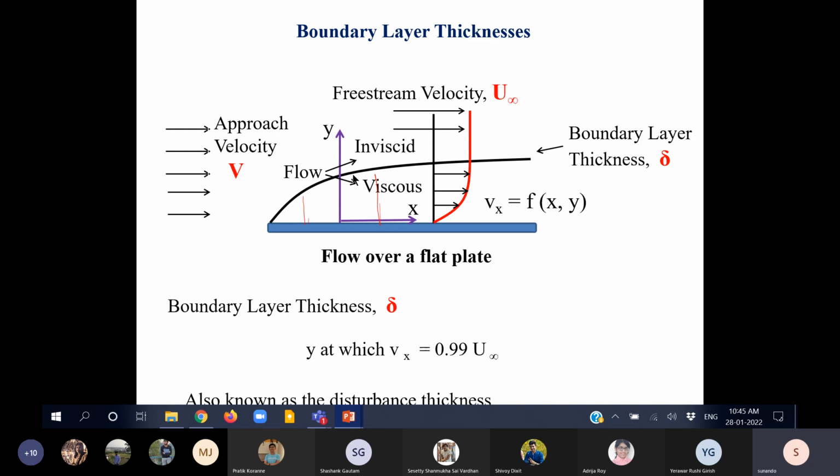So the question can also be put in a different way. Do you think the edge of the boundary layer is a streamline? What would be your answer to that? The black line which I have drawn over here, whether the edge of the boundary layer is a streamline, based on our discussion so far.